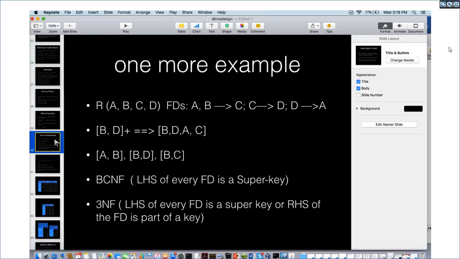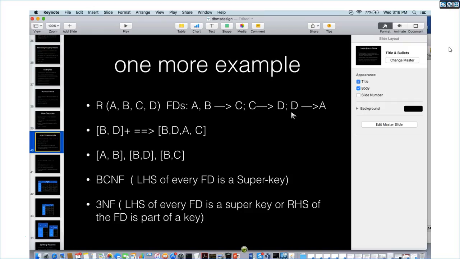Is it in BCNF? It is not in BCNF. I think that agreement is clear. The left side of these attributes are not the keys or super keys. So this suddenly is not in BCNF.